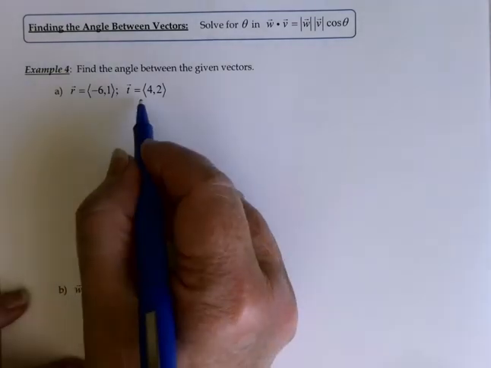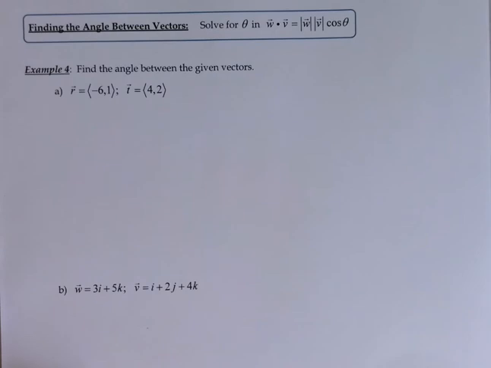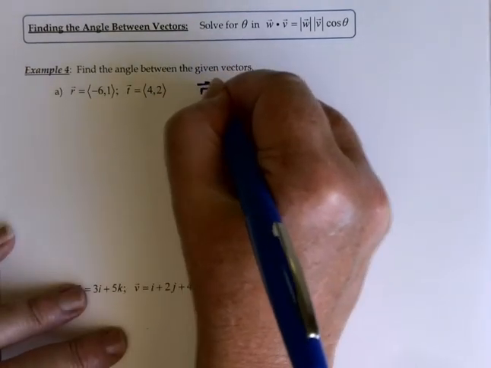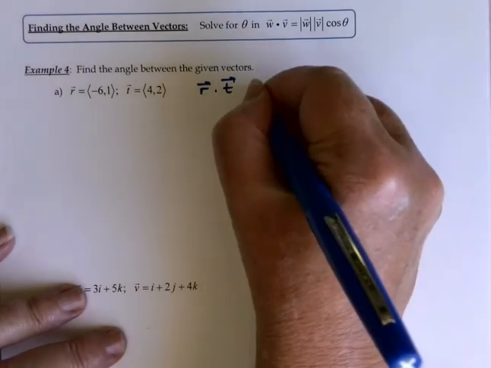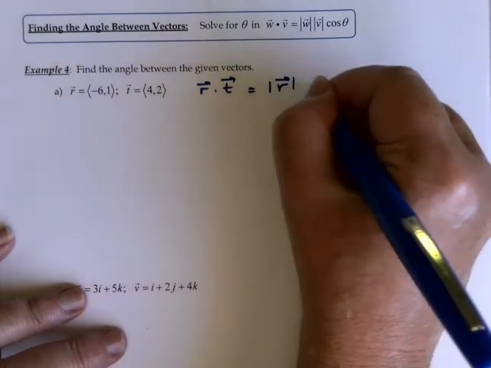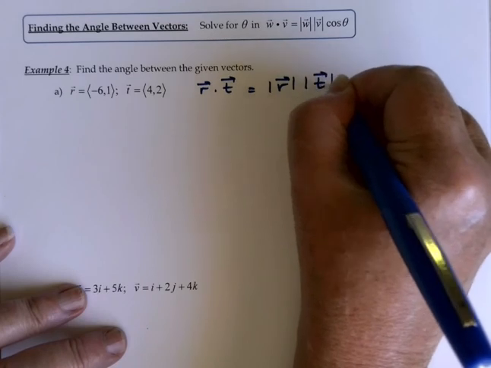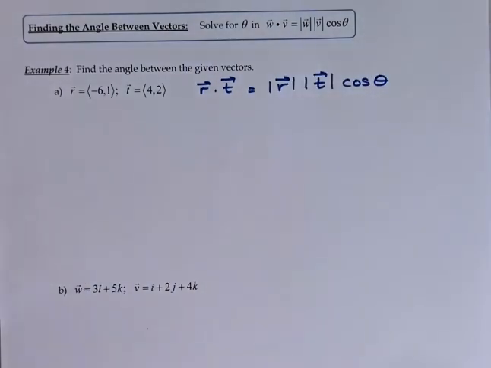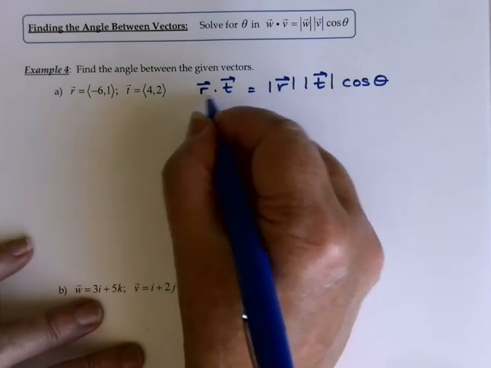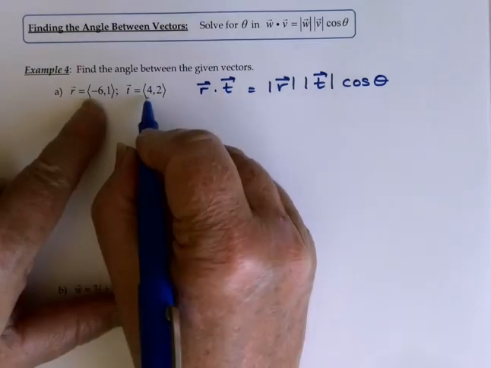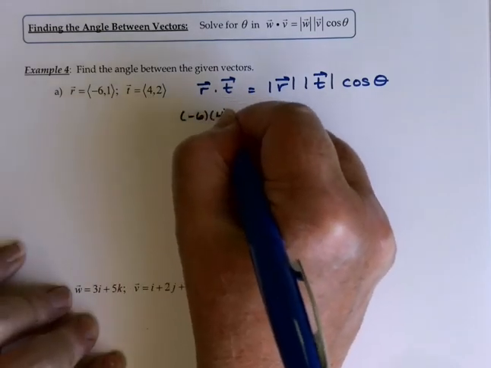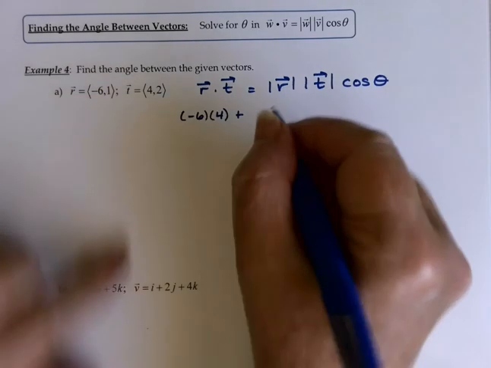So let's try it. Here's r and t, just a two-dimensional one. I know that r dot t is magnitude r, magnitude t, times the cosine of the angle that I'm trying to find. I'm going to do r dot t here just by saying negative 6 times 4 plus 1 times 2.